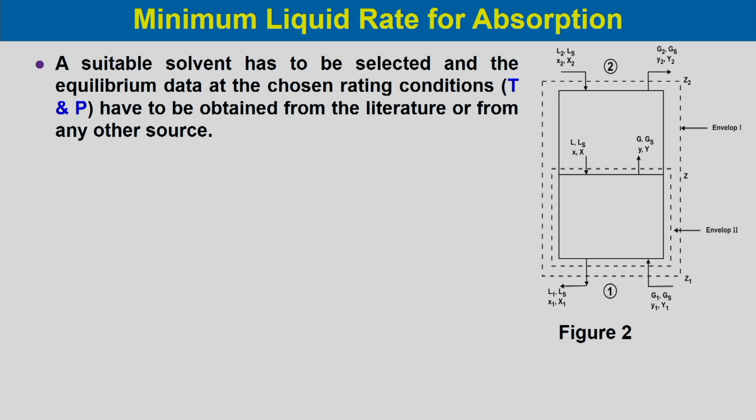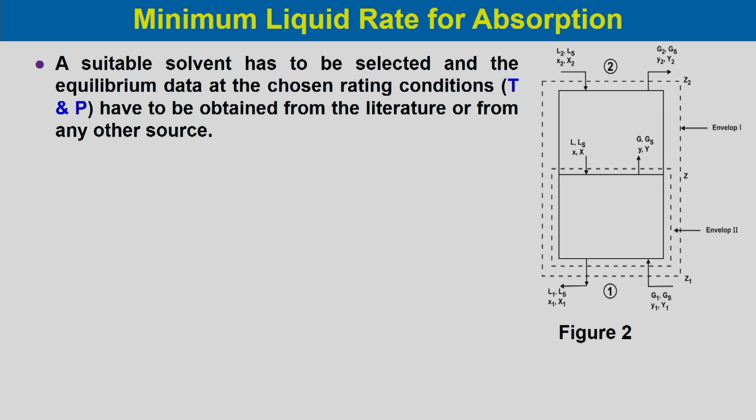So, for a particular process, the solvent is selected depending on the properties required for that application, and then the equilibrium data of that particular gas mixture should be obtained at the particular temperature and pressure conditions required. Either that has to be obtained from the literature or from any other source.